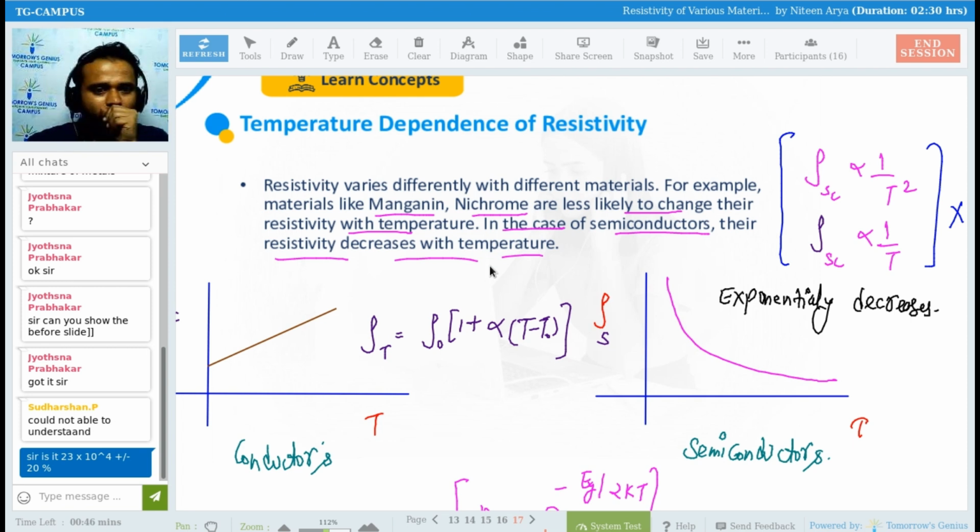Non-ohmic means materials which do not obey Ohm's law, such as semiconductors, diodes, transistors and so on. So from three different graphs, one of the graphs looks like this, and you need to choose this graph. Clear, everyone? Good.